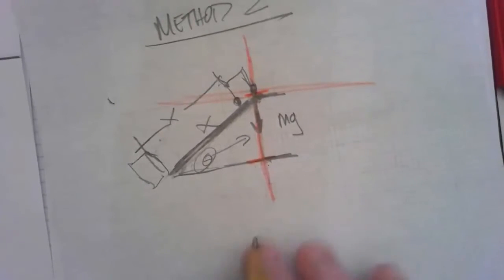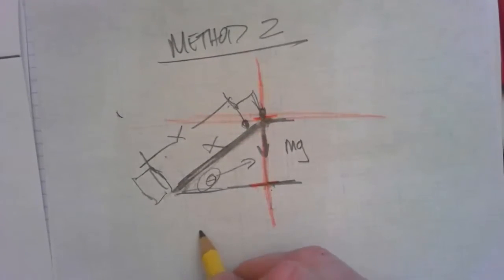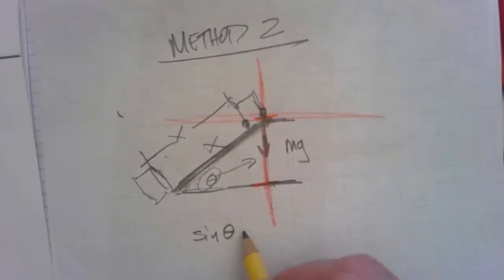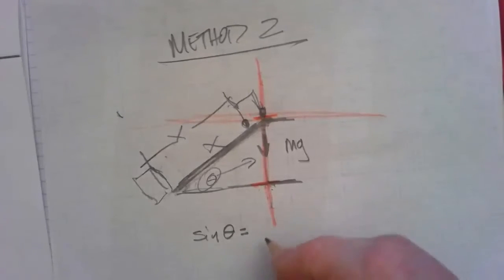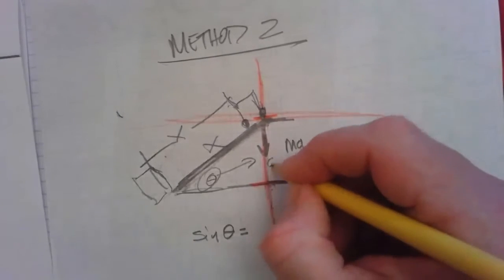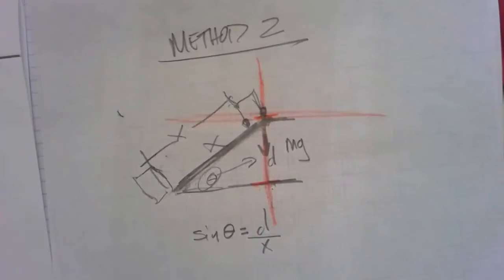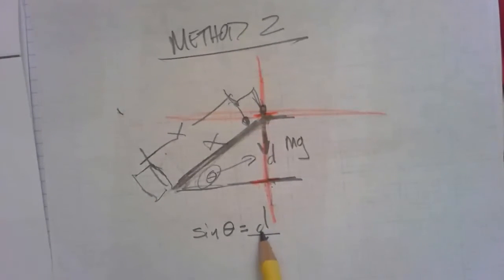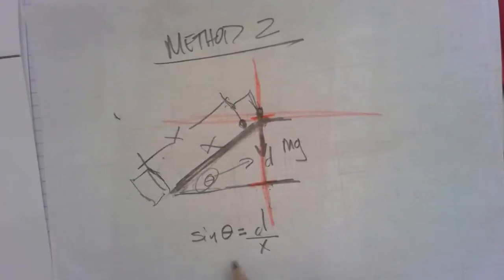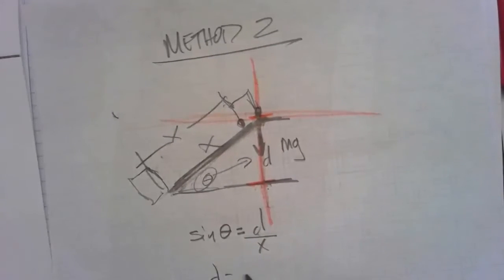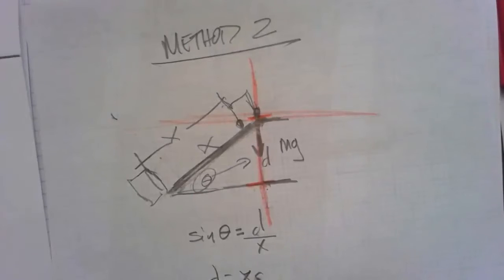So you go SOHCAHTOA on that thing, and you realize that the sine of theta, no surprise there, is equal to the distance I want, I'll call it d, divided by the hypotenuse x. So the distance in force times distance is equal to x times the sine of theta.